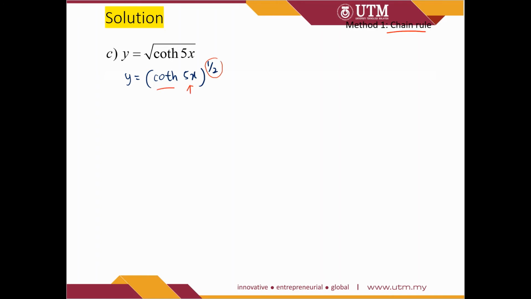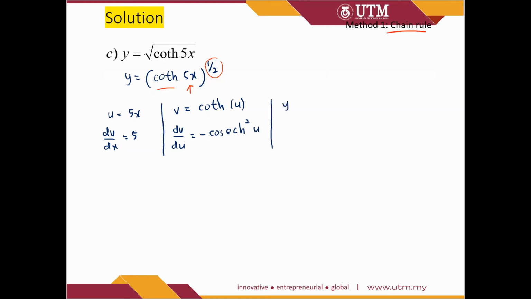So using the chain rule, we denote the innermost function as u. We have 5x, so du over dx will be 5. Then we denote v as coth u, so dv over du would be negative csch squared u. And the last one is y equals v to the power of half.